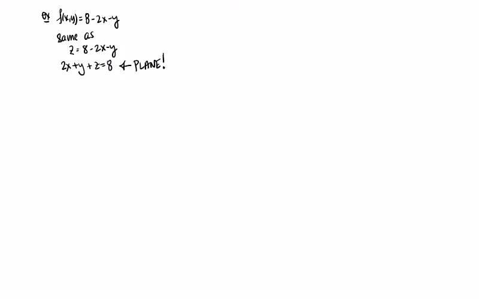So you may need to go back to 11.6 to look at these, if that's a bit rusty, which is understandable. But this is the kind of plane that we drew by drawing a triangular piece. We found the intercepts. So for example, when y and z are 0, x is 4. When x and z are 0, y is 8.